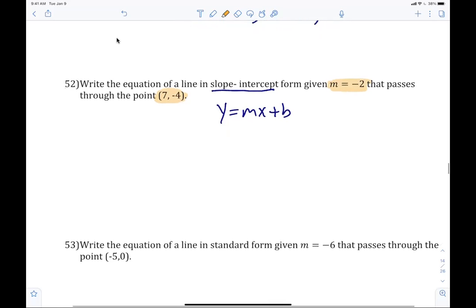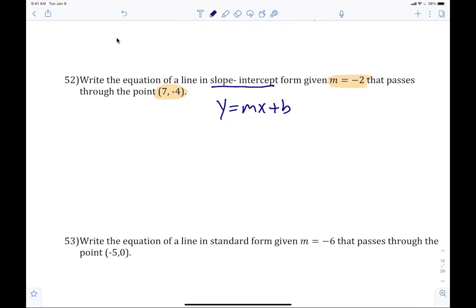Someone brave besides Olivia, give me the equation in point slope form. Tell me, Nate. y minus y1 equals. No, but I want to plug in the numbers. y plus 4, good, equals -2 times x minus 7. Exactly.